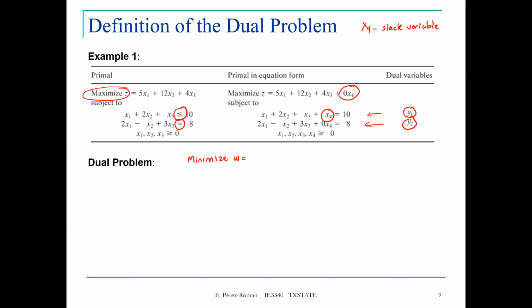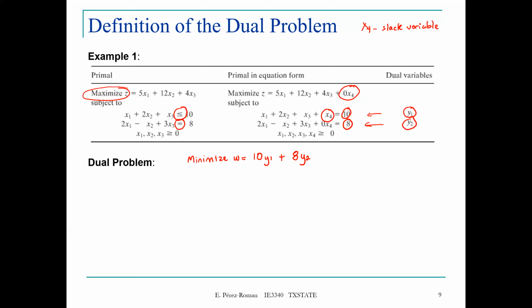For the coefficients of the objective function, we are going to use the right-hand side coefficients of the constraints. So it's going to be 10 times y1, since 10 is associated to the first constraint, plus 8 times y2, because 8 is associated to the second constraint.